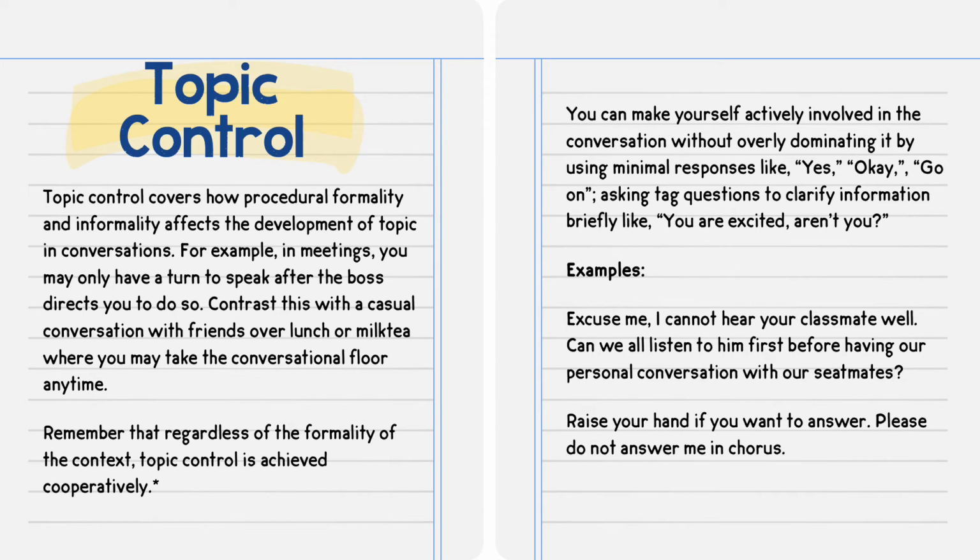Di ba? Yung mga ganong sitwasyon. Di ba? That is a poor example of topic control kasi wala kang control dun sa conversation. Di ba? Kaya minsan may mga sinasabi yung teacher, can we have one conversation only?